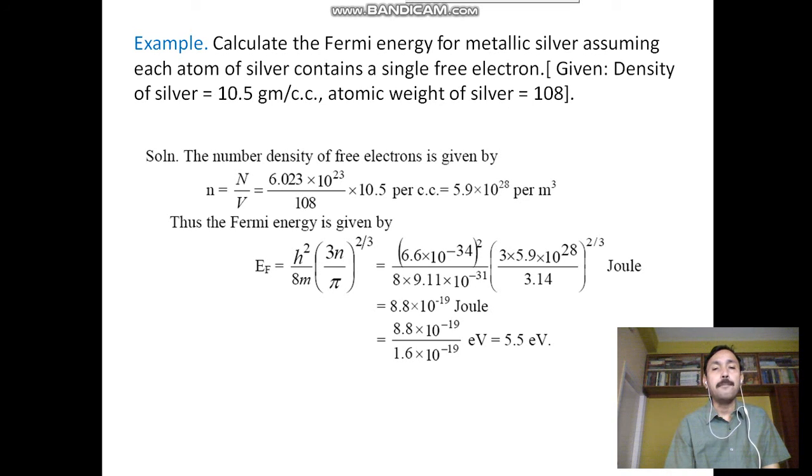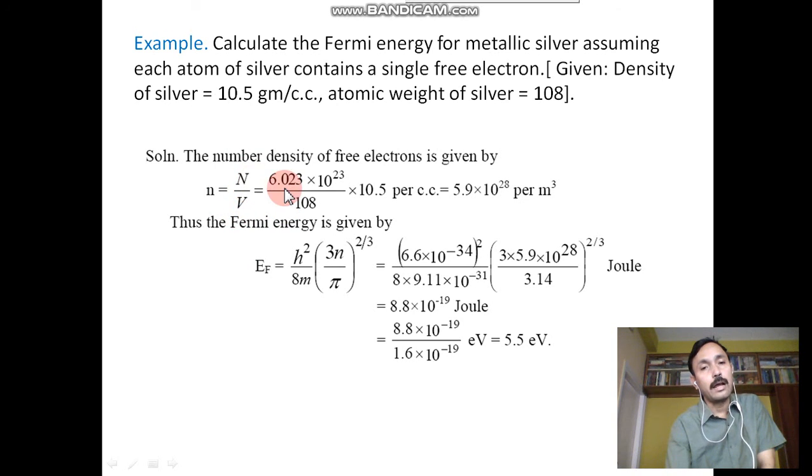Now, the density of free electrons is given by n is equal to N, the Avogadro number, over V, where V is the volume.